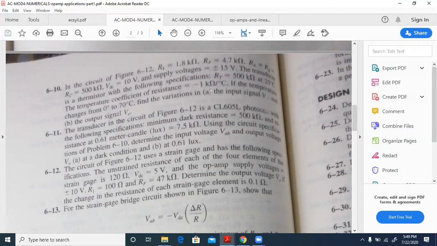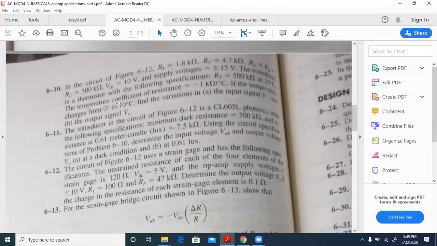And when the temperature increases, say for 70 degrees centigrade, so 70 minus 25 will be 45. 45 into minus 1 will give me the value minus 45. 500 minus 45 will give the value 455. So 455 will be the resistance at 70 degrees centigrade. At 0 it will be 525.